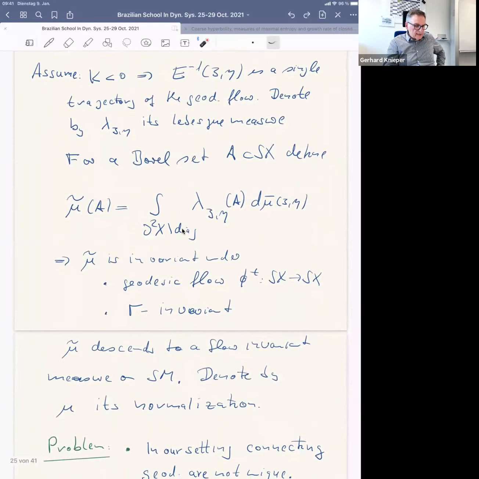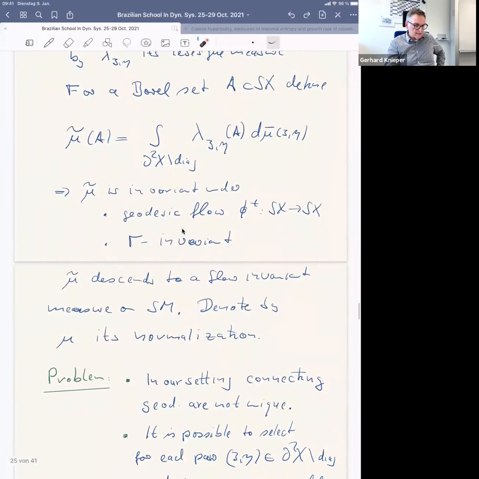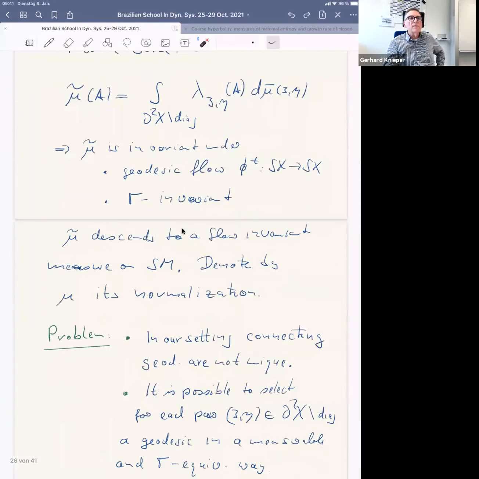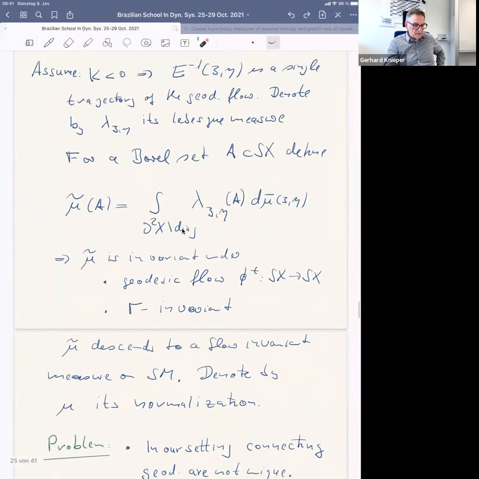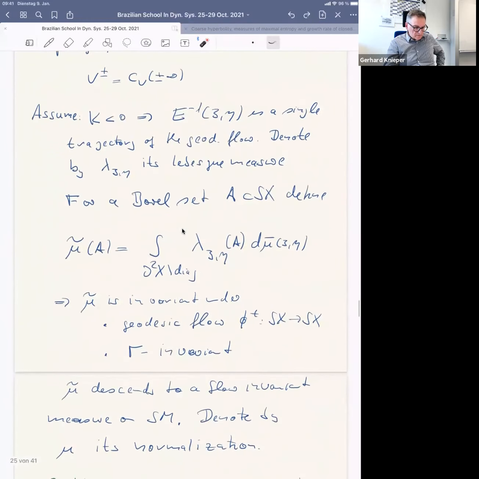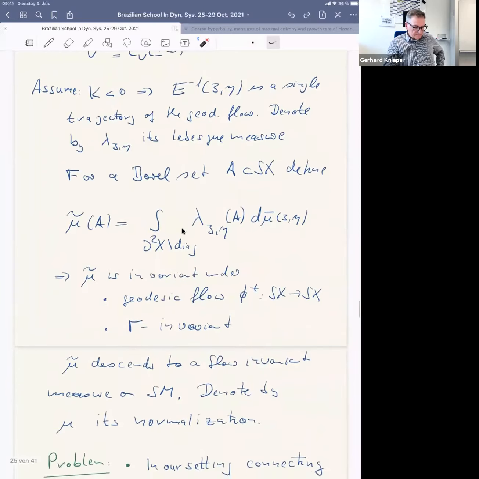This mu tilde measure is now invariant by definition, basically because it takes a Lebesgue measure along the geodesic flow, and also gamma invariant. Therefore, it will descend to a flow invariant measure on the unit tangent bundle downstairs. And I'd like to get a probability measure, so you normalize it, and this normalization I call mu. So this is now an invariant measure on the unit tangent bundle of my manifold M downstairs.